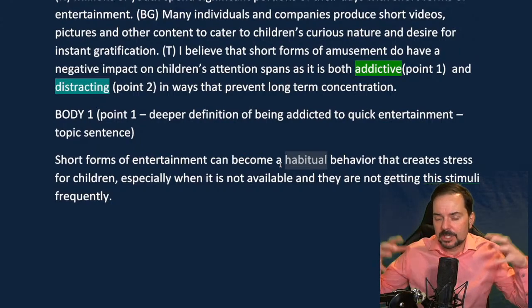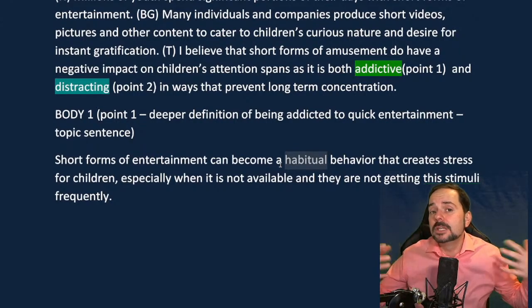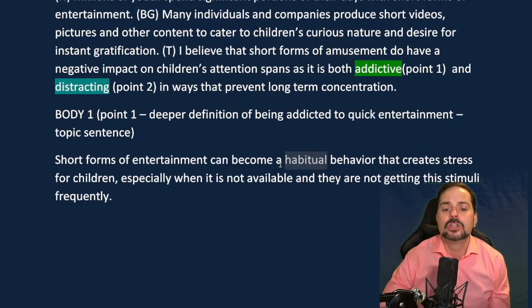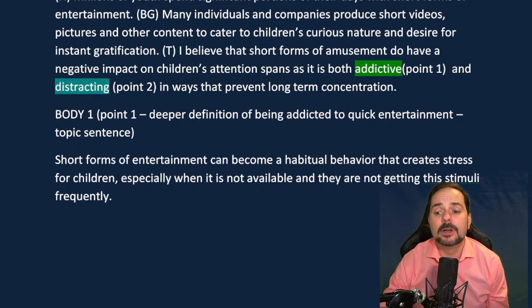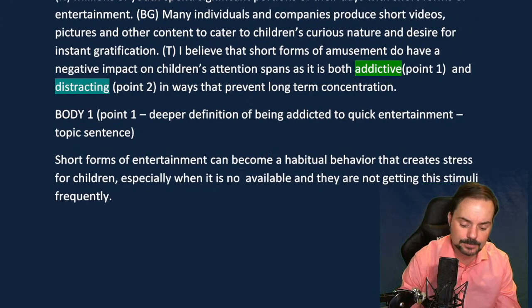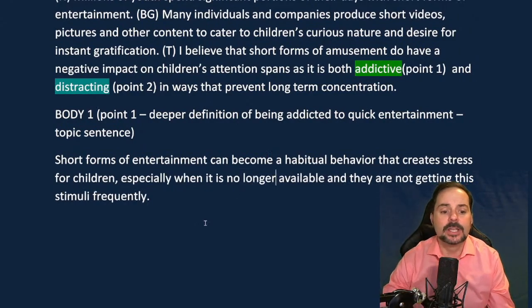So all you have to do is picture this and then explain it using the vocabulary that you have. So short forms of entertainment can become a habitual behavior that creates stress for children, especially when it is no longer available and they're not getting this stimuli frequently. Okay? All right.